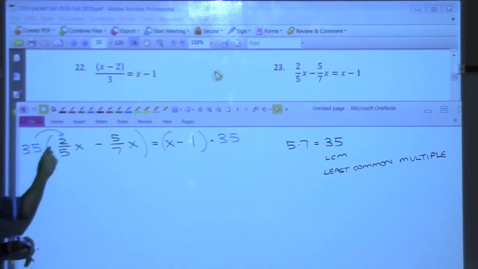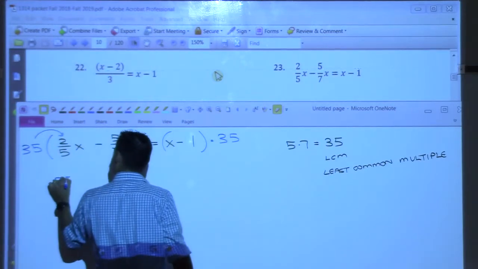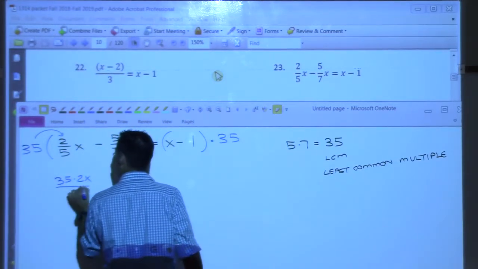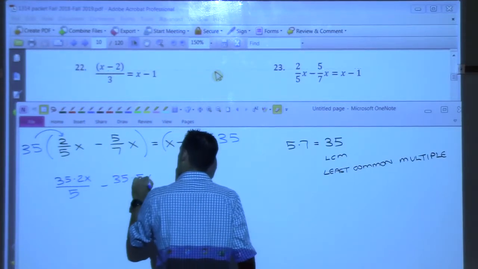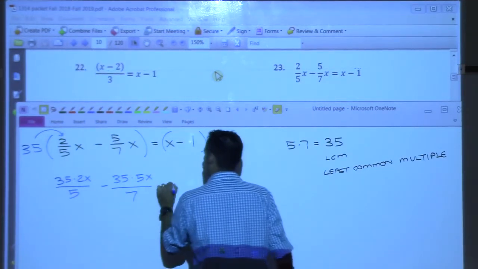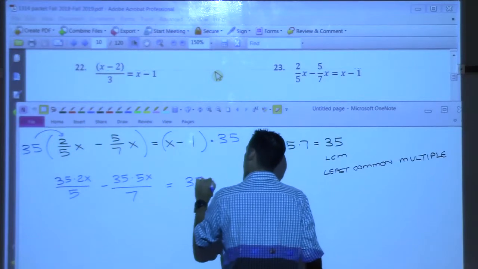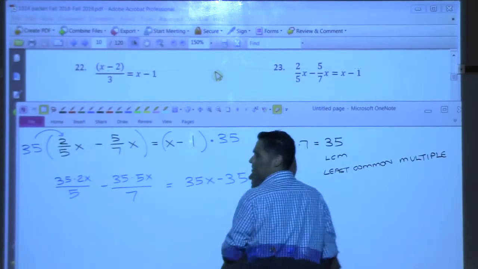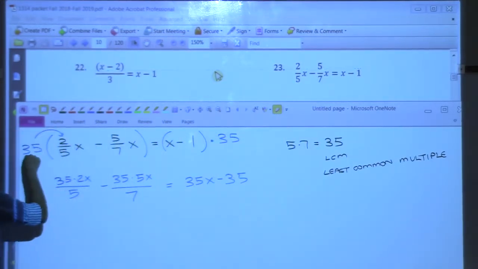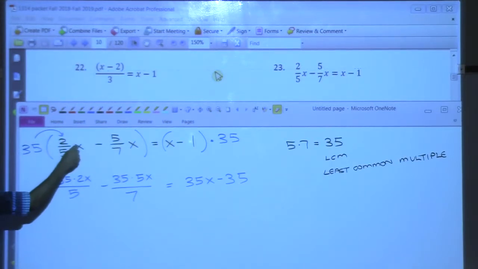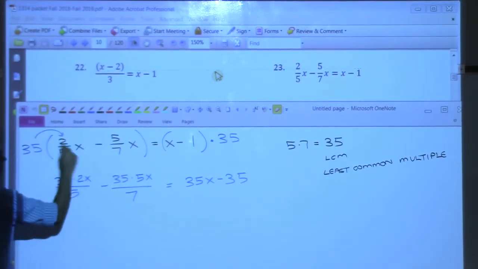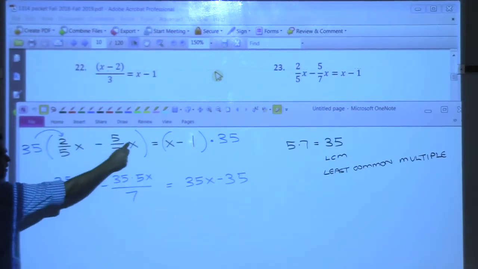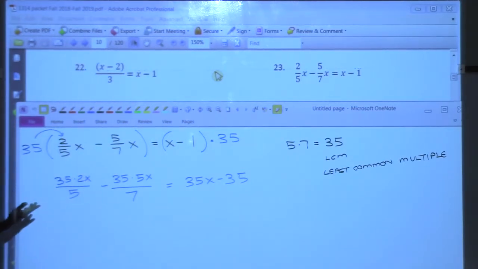So I'm going to write it down: 35 times 2x over 5 minus 35 times 5x over 7 equals 35x minus 35. See if that makes sense. 35, I'm going to multiply by the 2 and the x, right? And then here, minus 35 times 5, and then the x, and then the 7. Do y'all see that? Does that make sense?